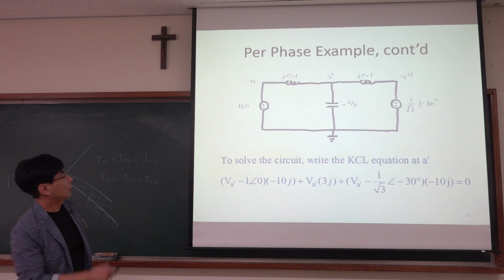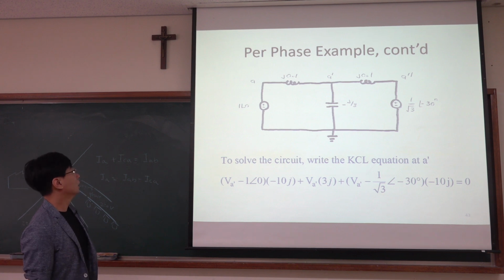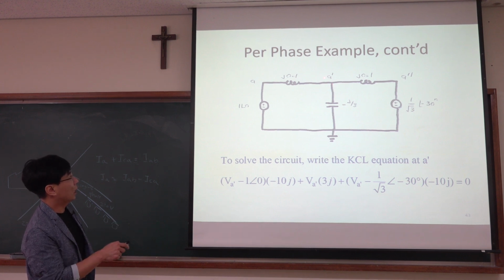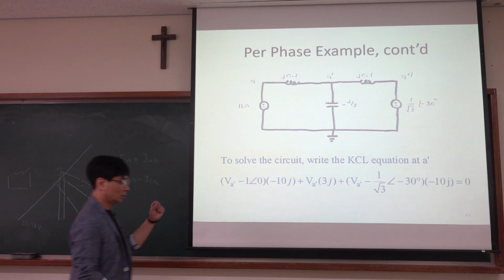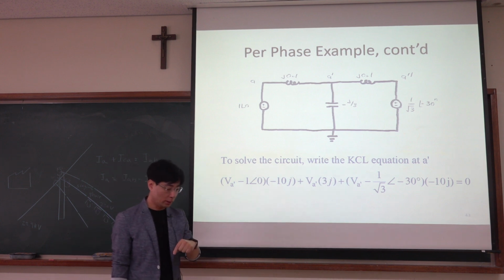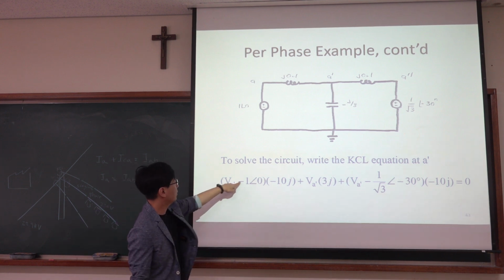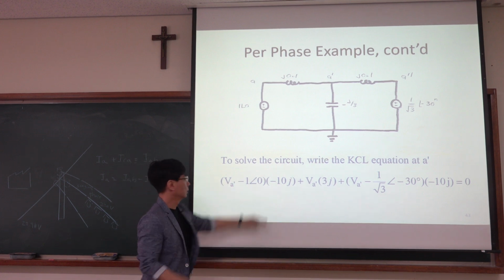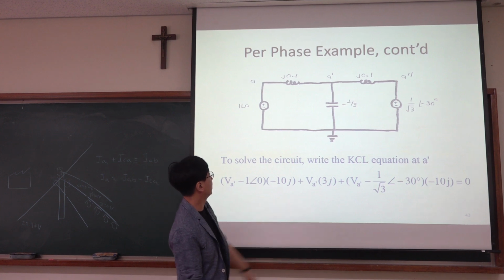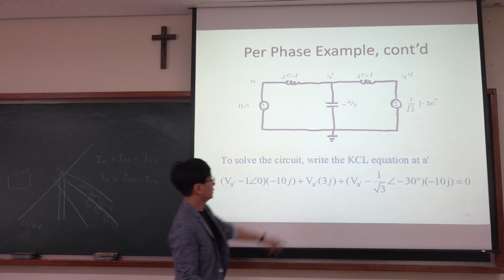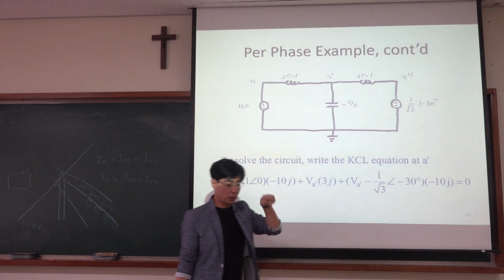Well, using Kirchhoff's current law. Here, the sum of all the outgoing current should be 0, or the sum of all incoming current should be 0. Here, V A prime minus this voltage over this impedance is that current. Another outgoing current from here to here is the voltage difference over minus J over 3.